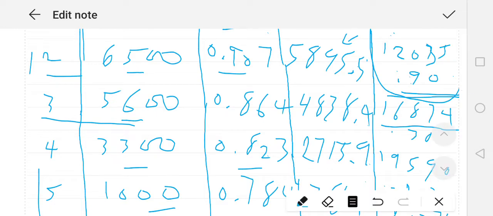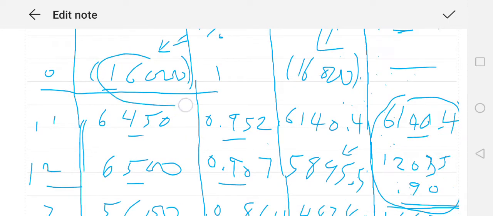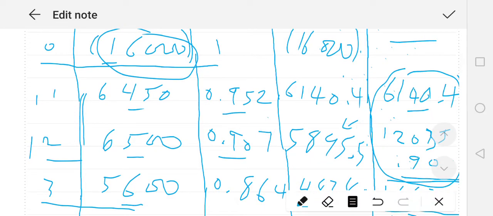So you take the 16,000 initially introduced, then subtract the 12,035.9 from it, and you get the amount remaining. So we have 16,000 minus 12,035.9. Let me go to my calculator.